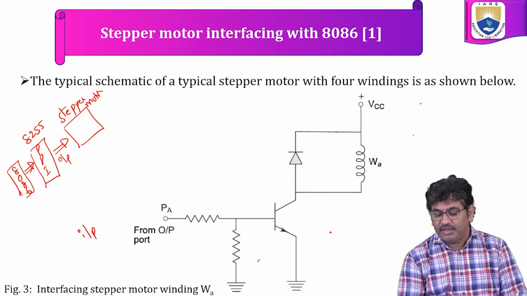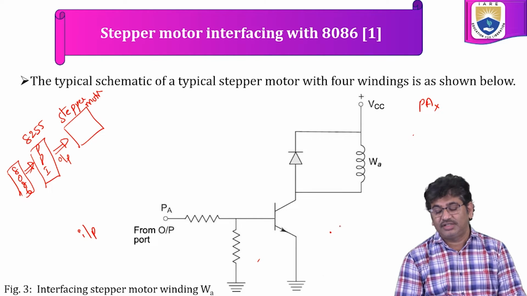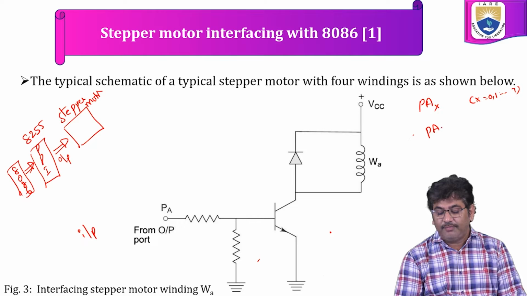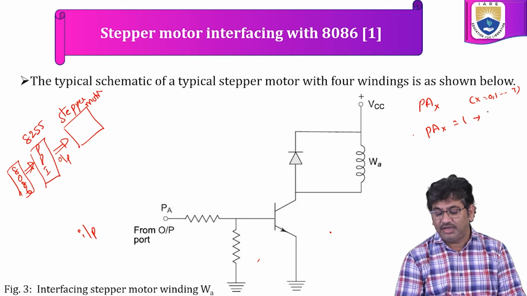Now if I have port A, some bit, I'll take some X bit, where X may be 0, 1, 2 till 7, any bit. If port A bit X is equivalent to 1, winding A is excited.